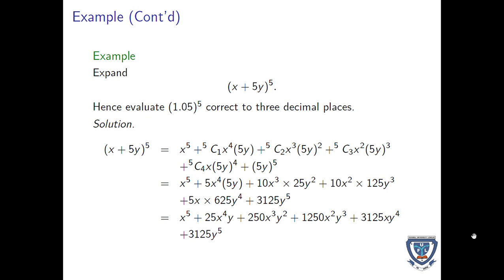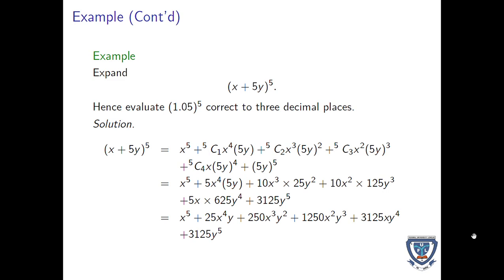Now in this case, on our left hand side, you write x plus 5y raised to power 5, and if you do your expansion properly, you are going to have x to the power 5 plus 25x to the power 4 y plus 250x cubed y squared plus 1250x squared y cubed plus 3125xy to the power 4 plus 3125y raised to power 5.